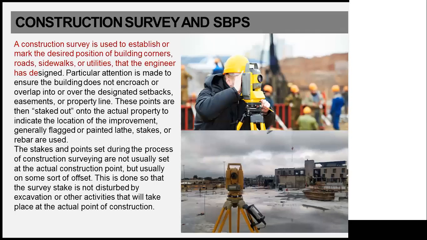So summit curve is there and valley curve is there. Two types of vertical curves can be there: summit curve and valley curve. These can be the two types of your vertical curves.